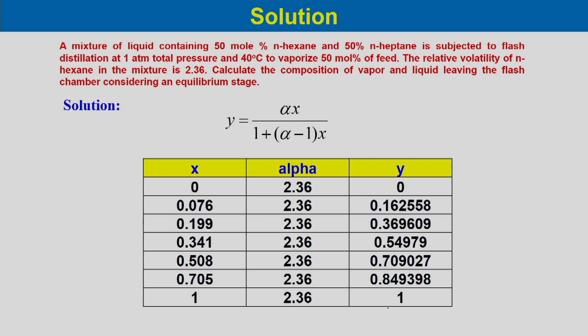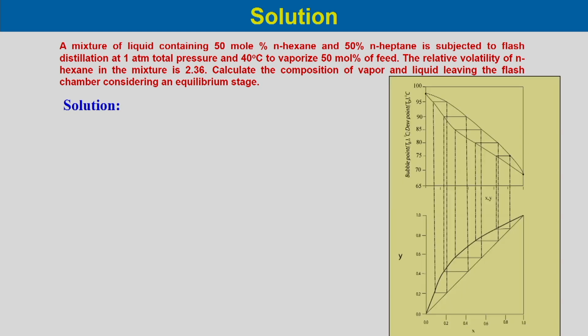Using this alpha value, with x varying from 0 to 1 and y varying from 0 to 1, we can calculate the x and y values and plot the x-y diagram, which you can see shown here.